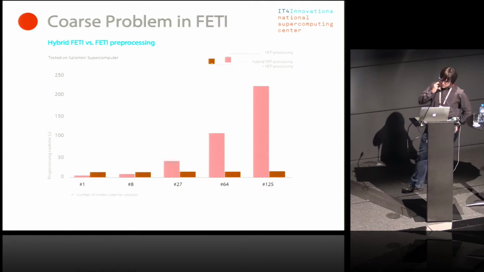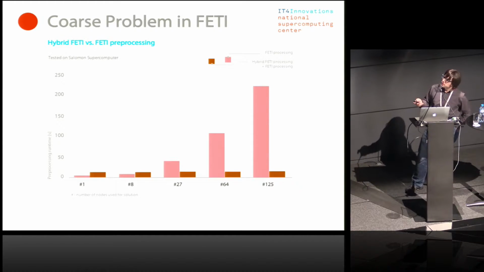So this is actually the real behavior. What you would get if you go from one node, which is here, to 125 nodes, and you have a fairly large number of subdomains per node, let's say on the order of several hundreds of subdomains.